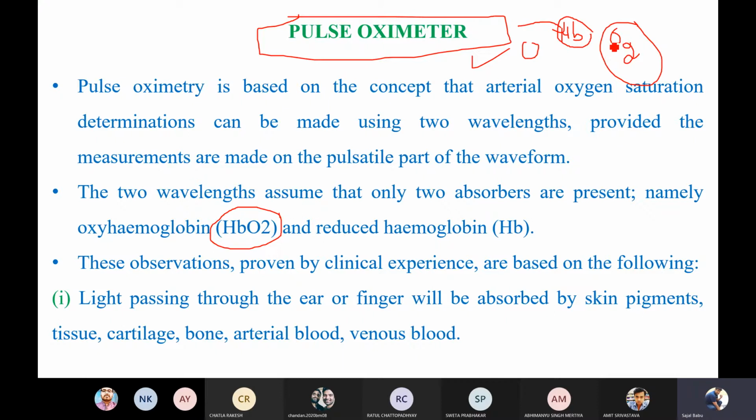Whenever it reaches a particular tissue, let us consider that it has reached some muscle. So you have a muscle tissue here, and the blood has reached this muscle tissue.